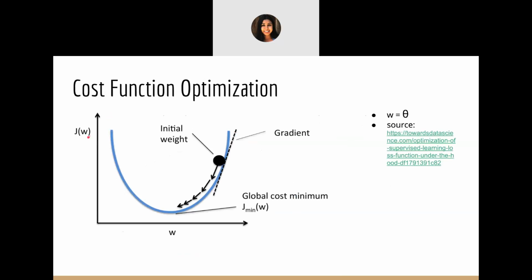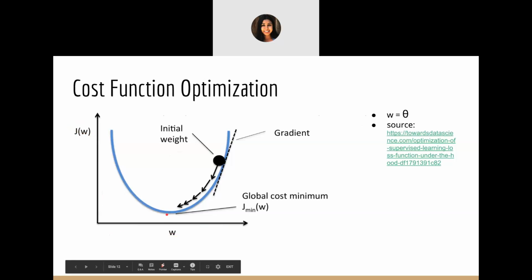So this graph here plots j of theta, and w can also be used for theta. It means the same thing. I think it stands for weights, but w and theta are both parameters. And over here, on the y-axis we have the cost, and on the x-axis we have different values of theta or w.